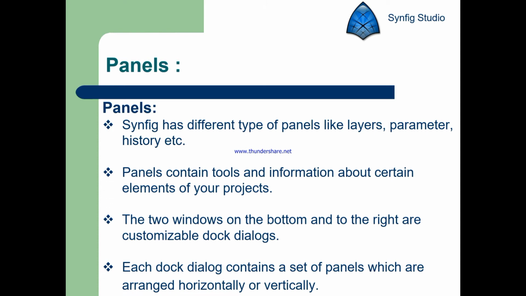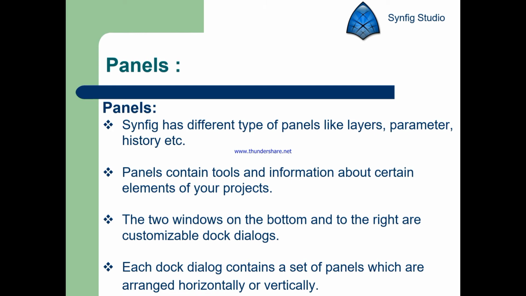Then we see some of the right side panels which are there in the Synfig interface. Panels in Synfig. Synfig has different types of panels like layers panel, params panel and history panel. A panel contains tools and information about certain elements of your project.